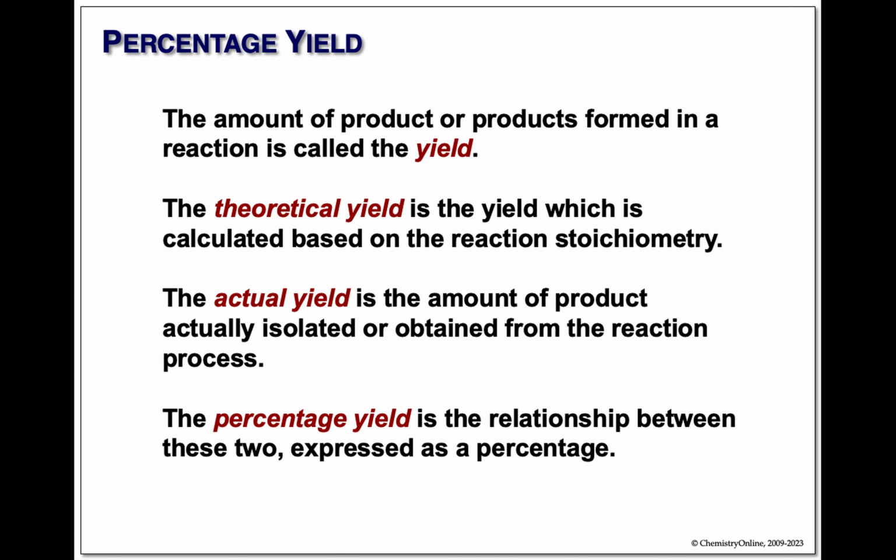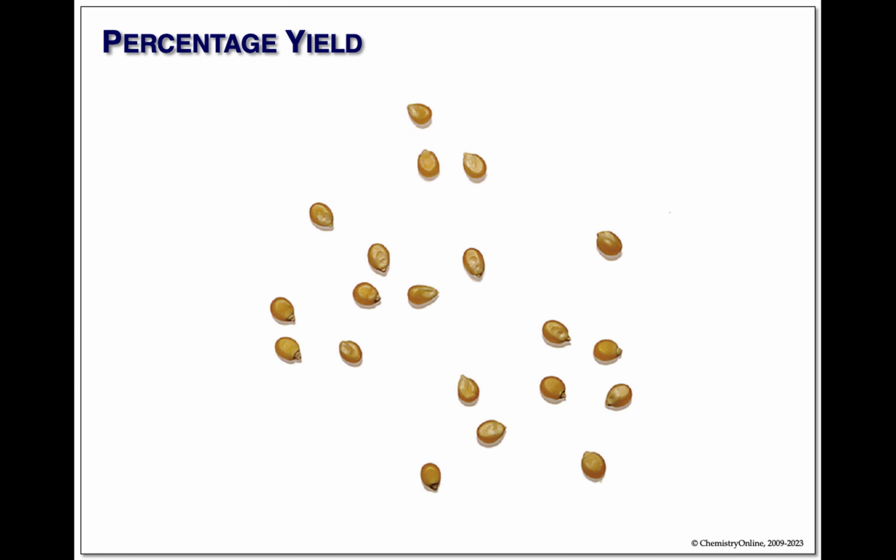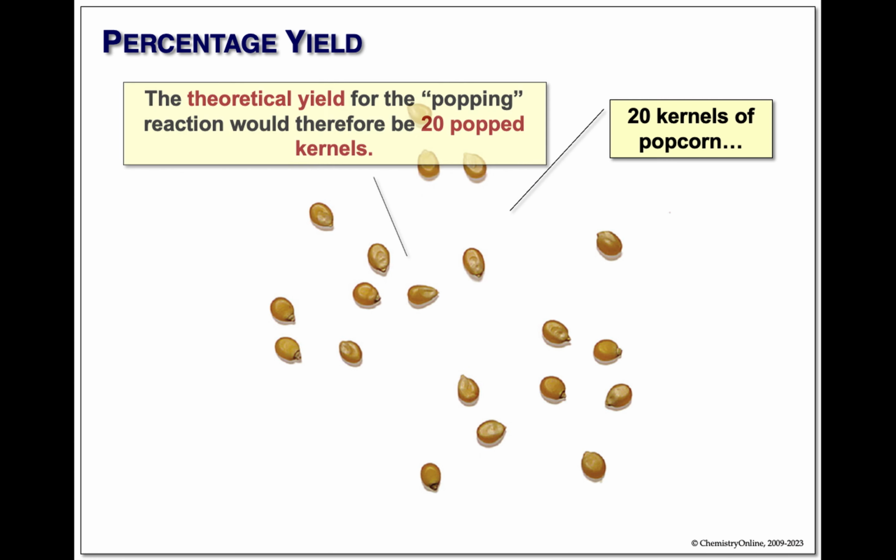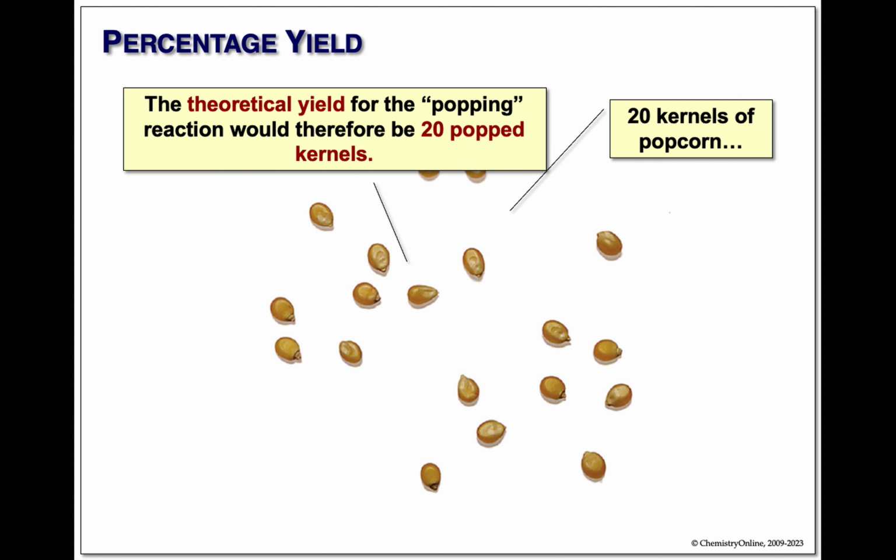Well, we did gloves for limiting reactants, right? Let's do popcorn. This is 20 kernels of popcorn. If we pop this, our theoretical yield is 20 popped kernels, right?